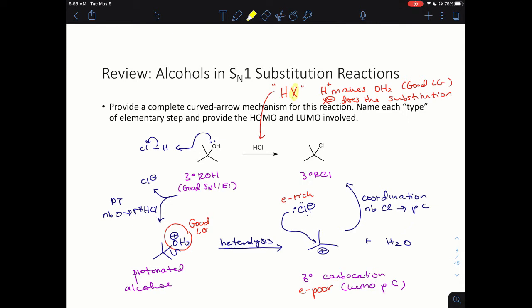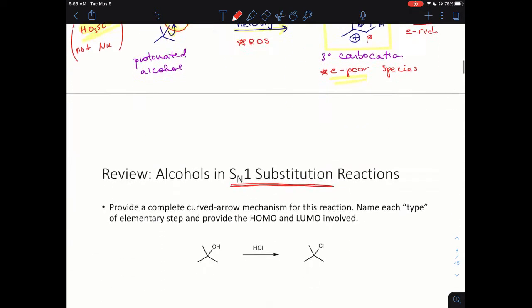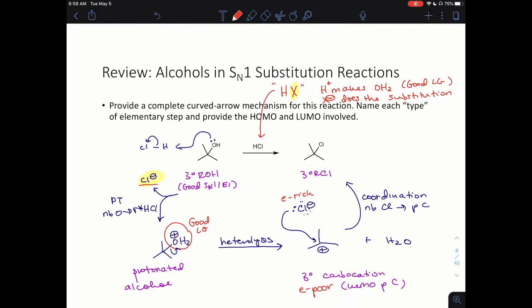And X minus is going to be a nucleophile later, whereas the conjugate base of sulfuric acid was not a nucleophile. It's just not nucleophilic. Under some circumstances, it can act as a nucleophile, but commonly it does not. When we have HX, we generate chloride, which will act as a nucleophile later. So let's get back to it.